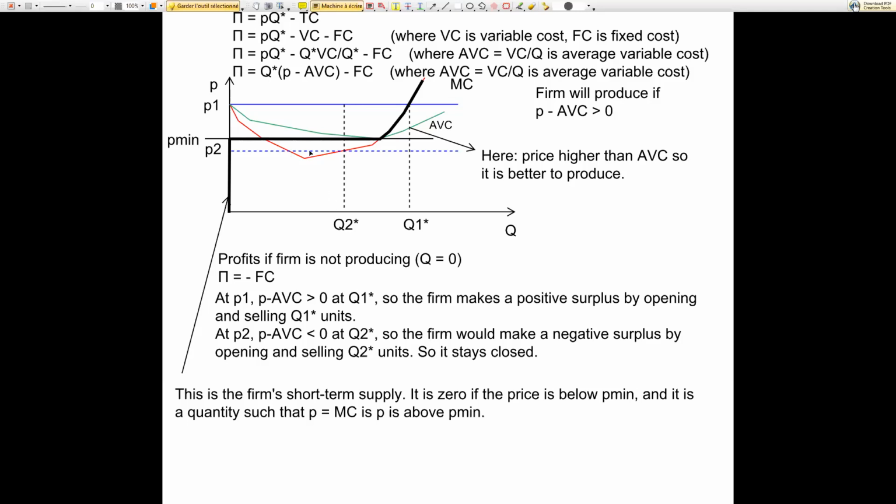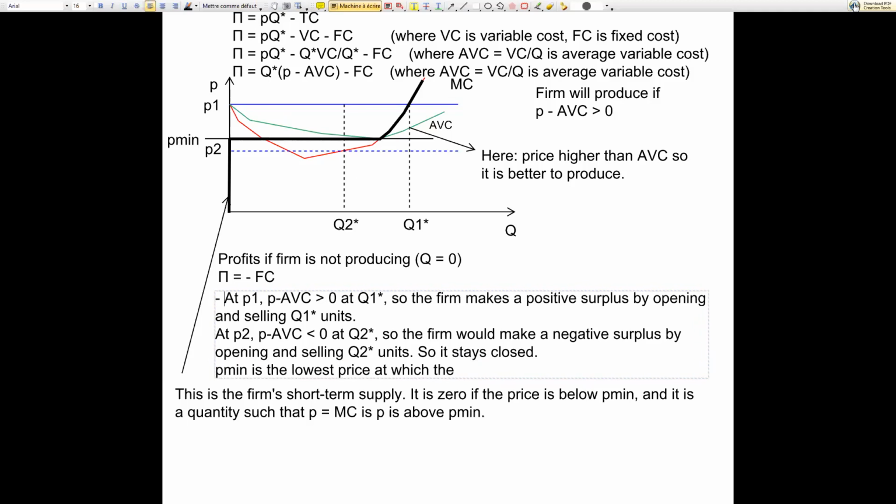But then if the price is, for instance, P1, then yes, I could say P-min is the lowest price at which the firm decides to open.